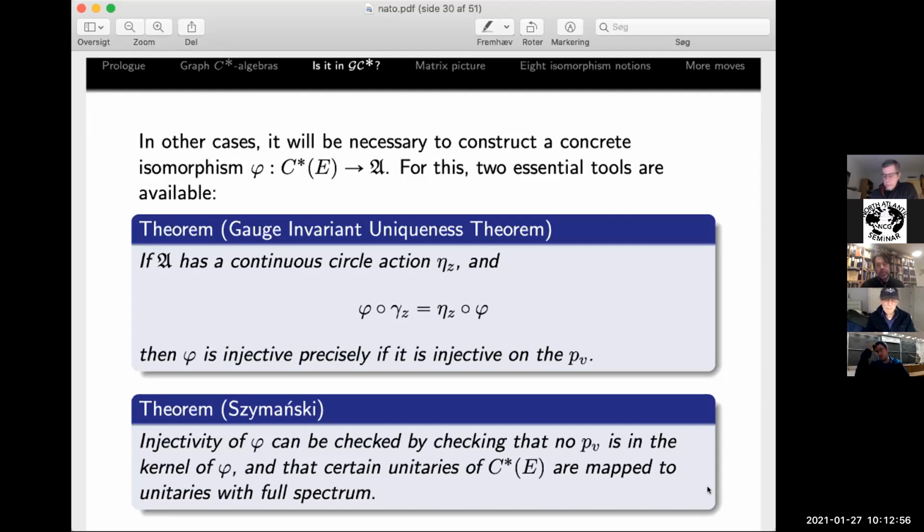Without these results, the proofs are tricky, and you have to work really hard to prove these things. The reason it's tricky is that this is a universal C-star algebra, so you don't know the elements a priori. That's why these are so powerful.